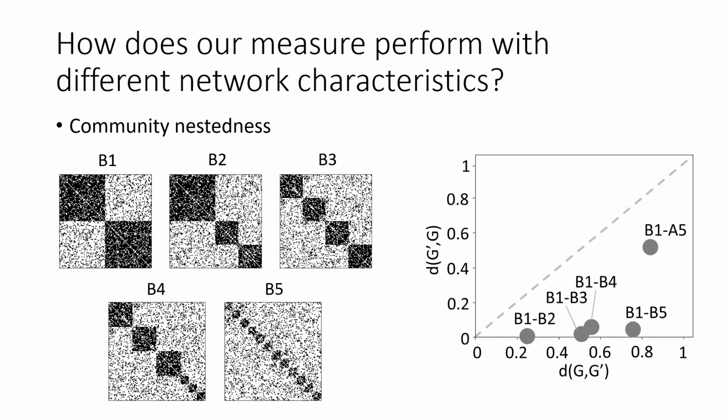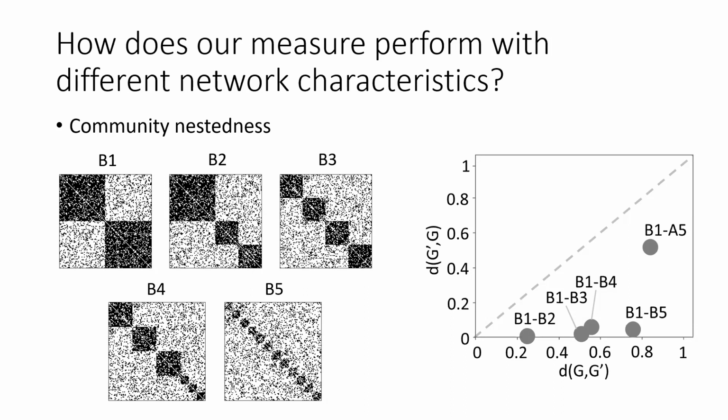Then for network B4, we take the largest community, or as they're all equally sized, one of them, and we just divide it into three communities. Instead of doing this over and over again, we just show B5, where all of them have been divided into three communities. So now we compare each of these, which we argue to be slightly more nested or refined, to network B1.